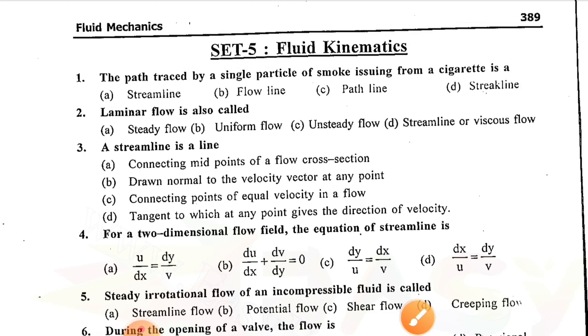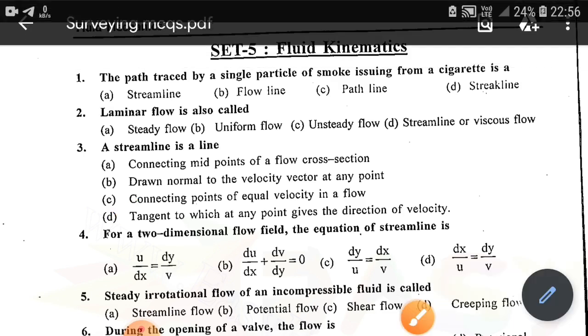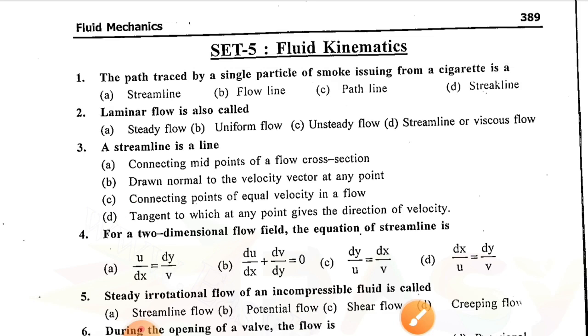Question number 3. A streamline is a line. Option D is correct. Tangent to which at any point gives the direction of velocity. Question number 4. For a two-dimensional flow field, the equation of streamline is.